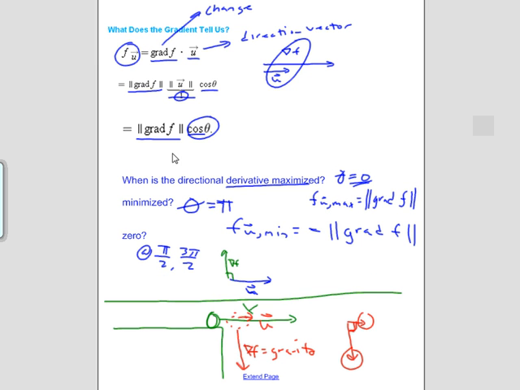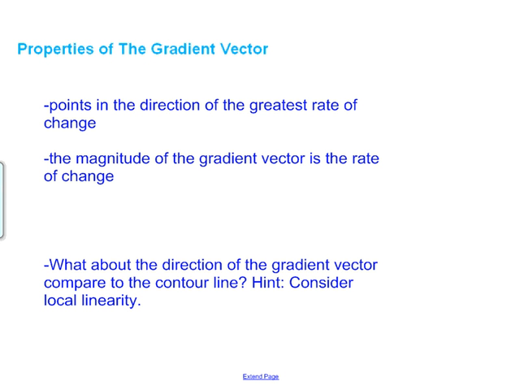Going back, we saw that our partial derivative in the u direction, our directional derivative, was maximized when the angle between our u and grad f was 0. So this gradient vector is pointing in the direction of the greatest rate of change, and the magnitude of the gradient vector is the rate of that change.